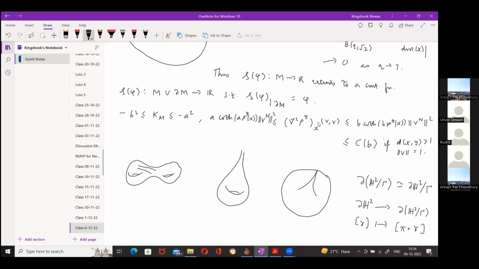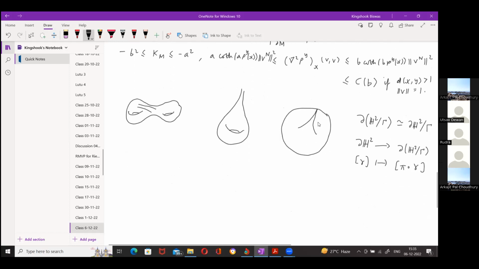If gamma is a geodesic in H2, then its projection is a geodesic in H2 mod gamma, right? And so I can take its equivalence class. So this map is going to be surjective. And I want to say this is identified with the boundary of H2 mod gamma, right? So when do 2 points map to the same equivalence class below?